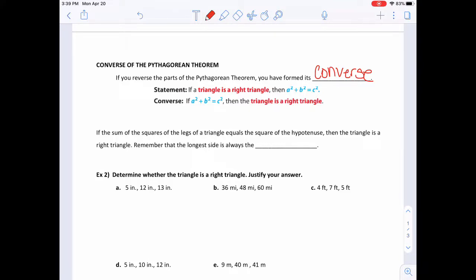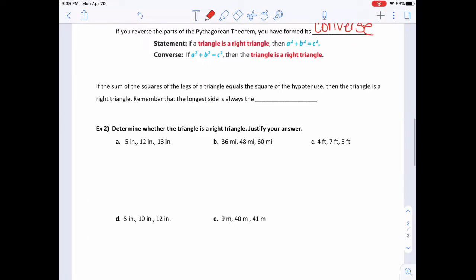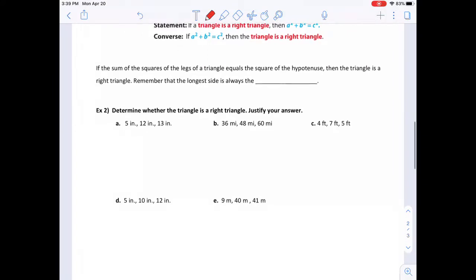So you can use the converse of that statement. You can say, hey, if a leg squared plus a leg squared equals the hypotenuse, or if a squared plus b squared does in fact equal c squared, then the triangle is a right triangle. So you can actually use the Pythagorean theorem to prove that a triangle is a right triangle. So here we go.